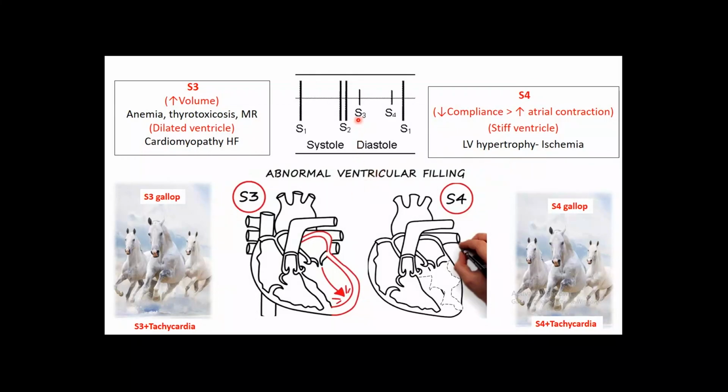How to differentiate these extra heart sounds? S3 is early diastolic, so it is close to S2. So if the patient has S3, it could sound like this. While on the other hand, S4 is late diastole, close to S1, so it should be heard like this.